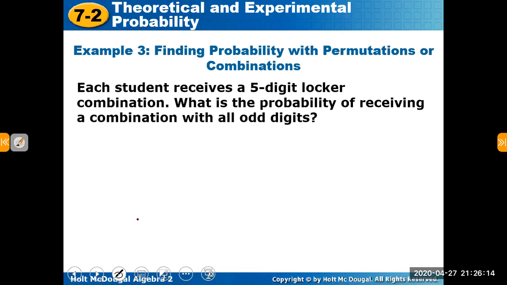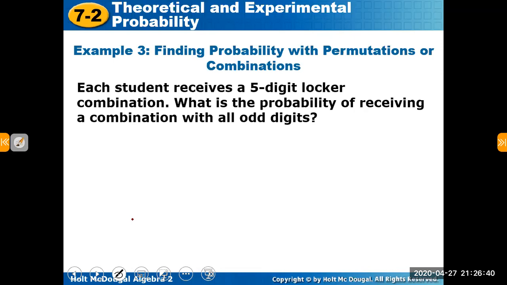In example 3, we have finding probability with permutations and combination. So the question says each student receives a 5-digit locker combination. What is the probability of receiving a combination with all odd digits?